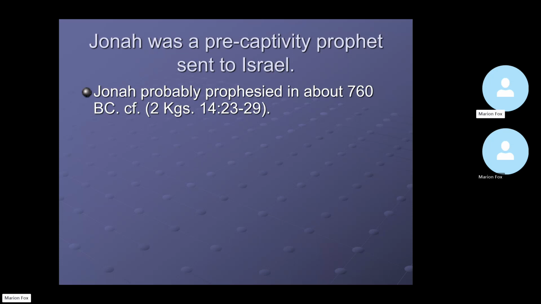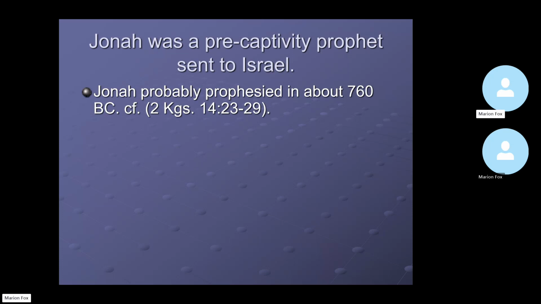When we say Israel, we're talking about the nation of Israel that had split off from Judah during the days of Rehoboam and Jeroboam. Rehoboam was king in Judah. Jeroboam was the one who introduced the calf worship into the northern 10 tribes, which were called Israel at this time. So that's what we're talking about when we say Israel.